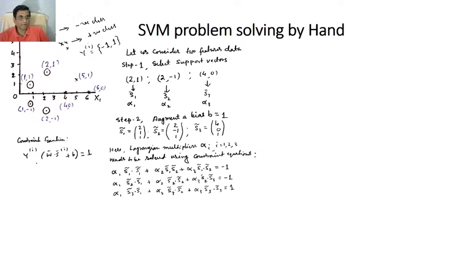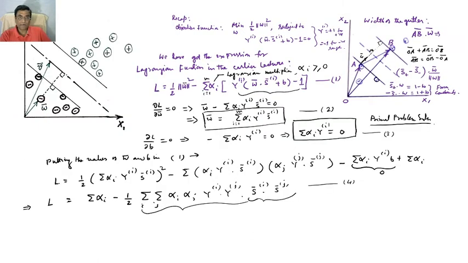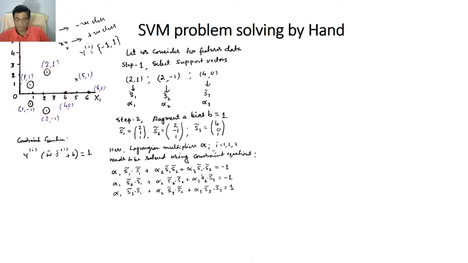So now if I put the optimum value of W, which we have got earlier, this is the value. I am putting this value, so you can actually put in W.